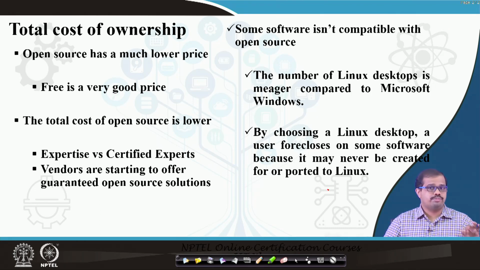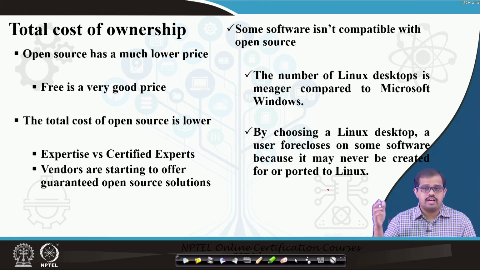Though I said only distribution cost occurs, if you have a vendor who is actually guaranteeing solutions through an open source, then you have a small cost that is associated with any of the software or any of the applications that is being developed. So, that is where you may have some cost. But when you look at proprietary software, comparatively it is very less. Maybe it's 1/10 of the cost that a proprietary software has.